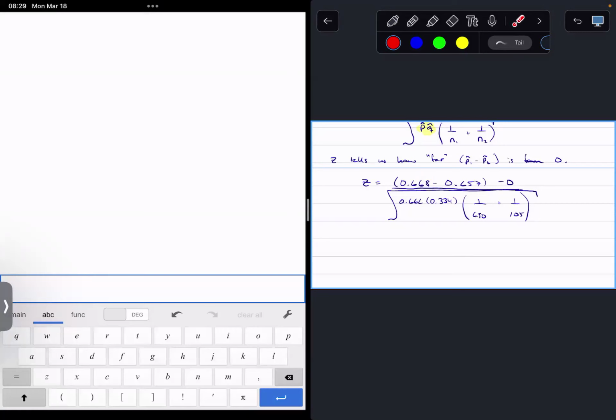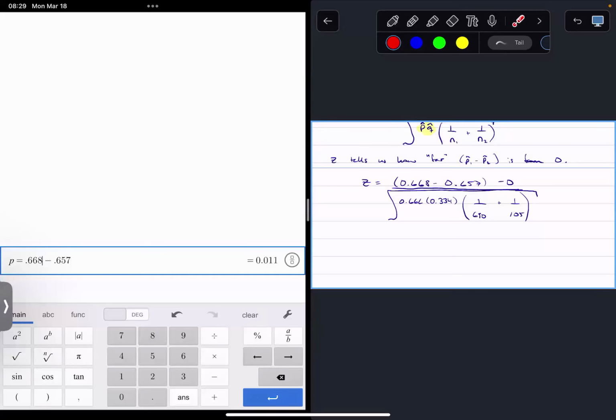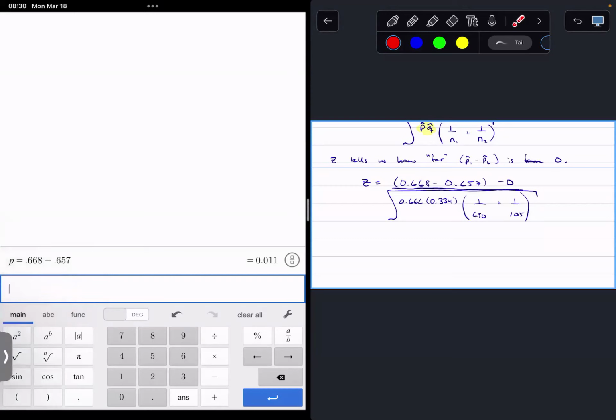So P is equal to 0.668 minus 0.657. I use P because it's a point estimate. You wouldn't have to call it P in Excel, but I only have Numbers on my iPad because I forgot my Apple ID password. One day I'll get there.